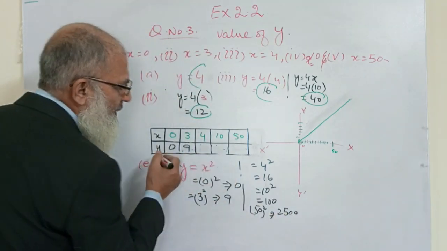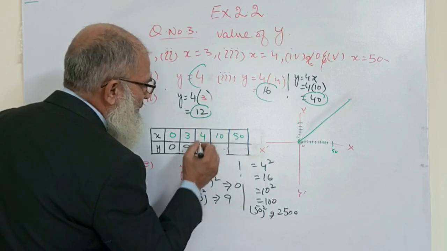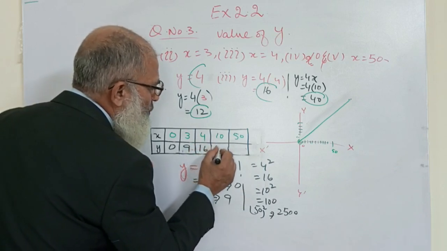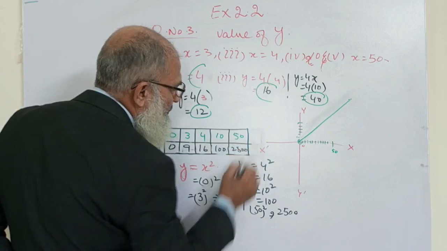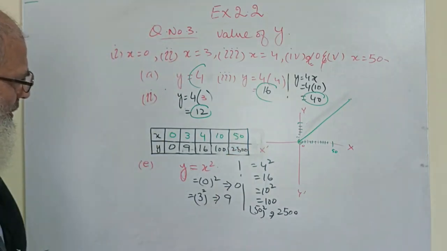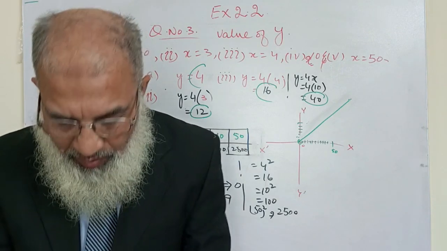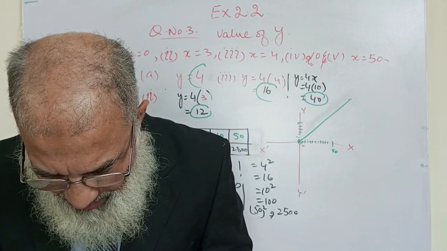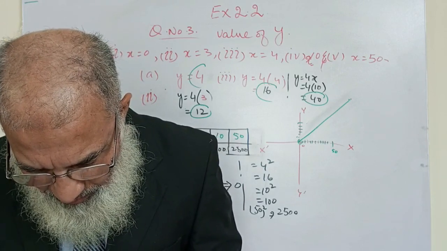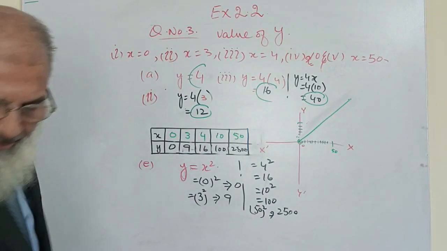Now you see that the corresponding values came as 16, 100 and 2500. So you will carry on with these questions, and I'll be doing some more parts from here.